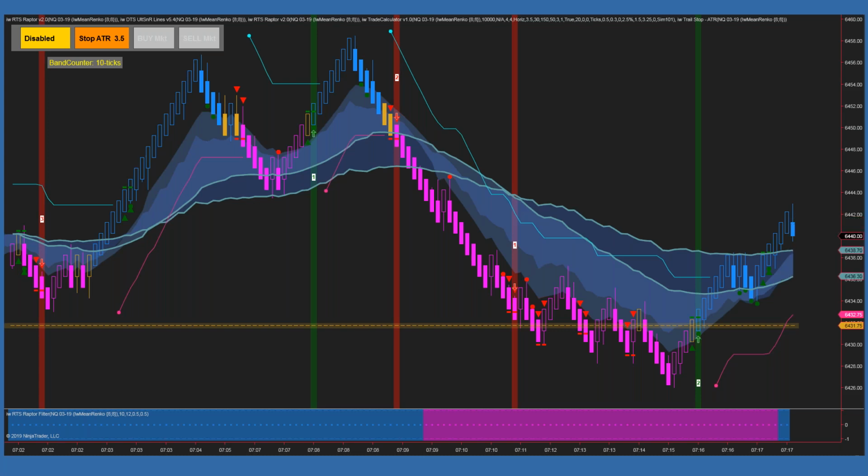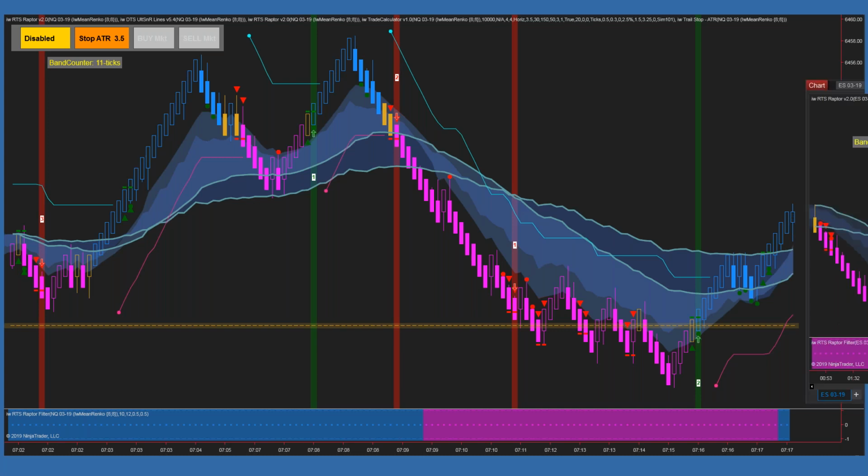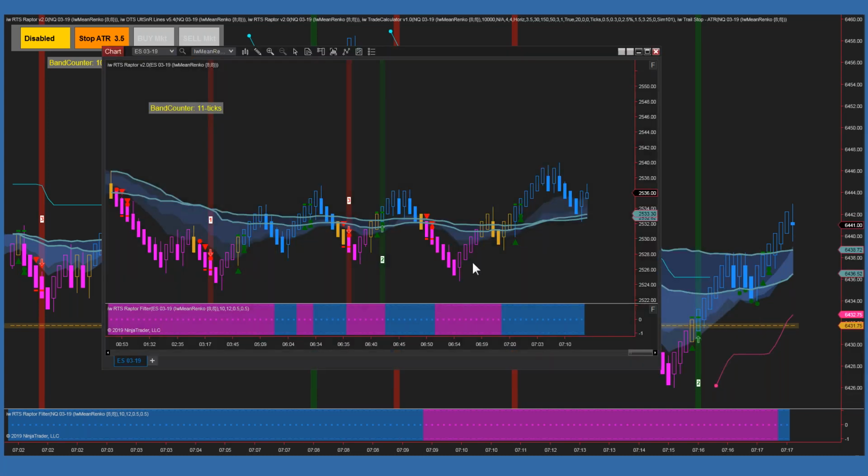Certainly less choppy than the NASDAQ. Let's take a look at that move again. You can see the NASDAQ had a lot more volatility. The E-mini progression a little bit smoother, but more expensive.